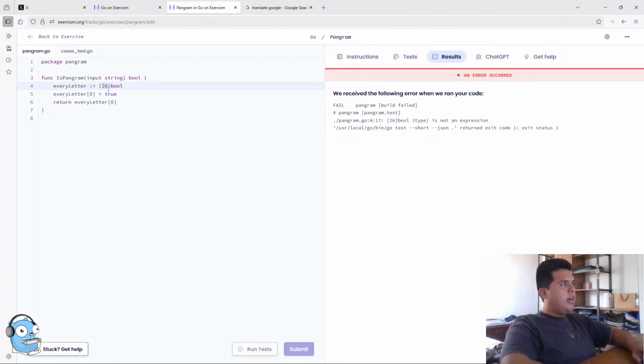Okay, I want to make an array, a slice that can only contain 26 values, each value for each letter.